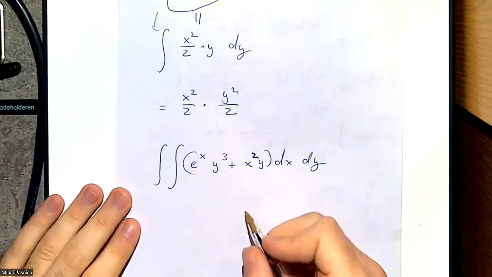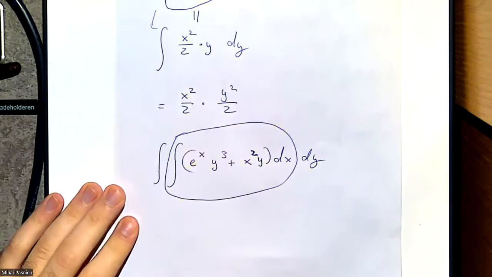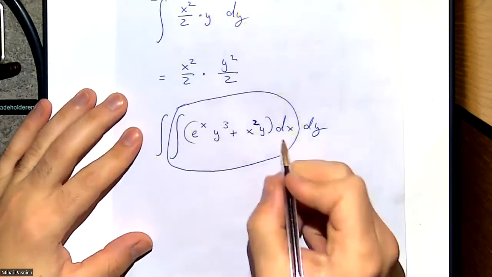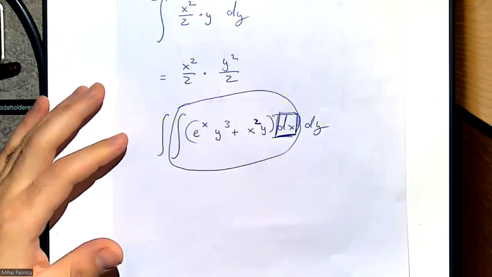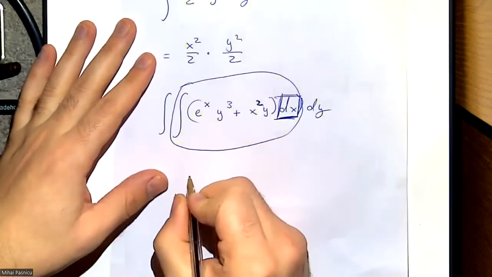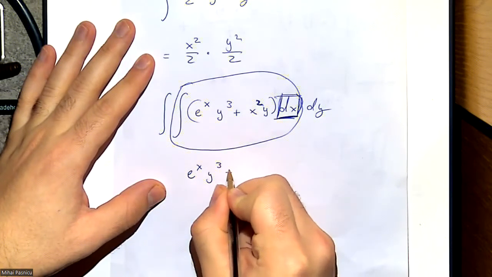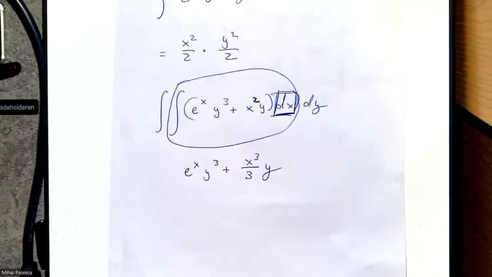I don't care about what's happening outside. I just look at this integral, and in this case, I'm integrating over dx. That's why I've always emphasized that these dx's are really important. Since it's dx, y is a constant, so this is just e to the x, y third, plus x to the 3 over 3 y.